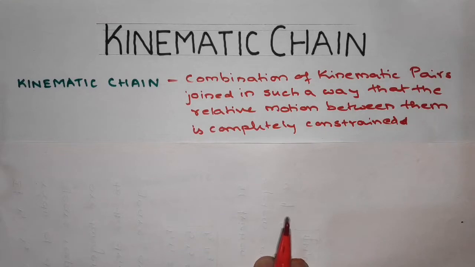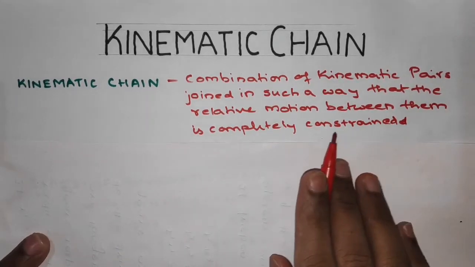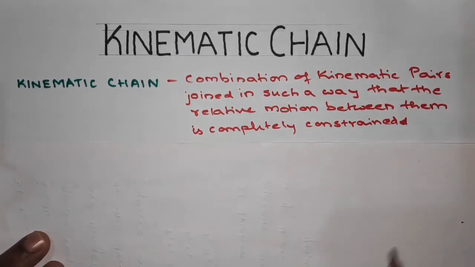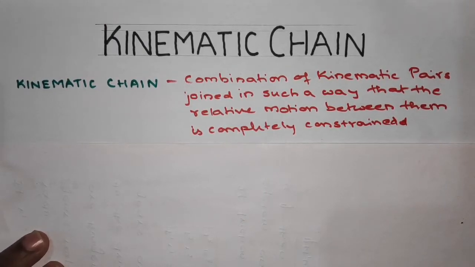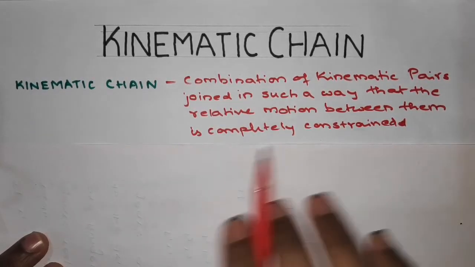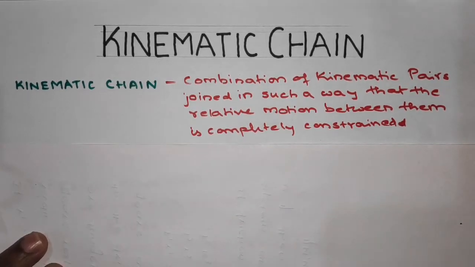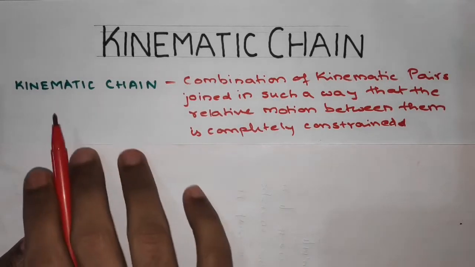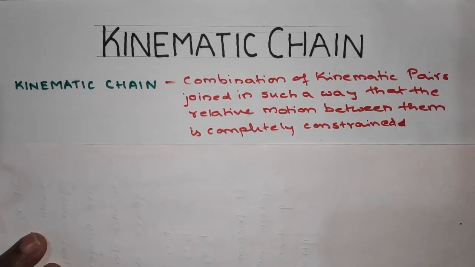In kinematic pairs there will be relative motion between the links. But when you arrange those kinematic pairs in such a way that the relative motion between them is completely constrained, such a combination of kinematic pairs we call a kinematic chain.